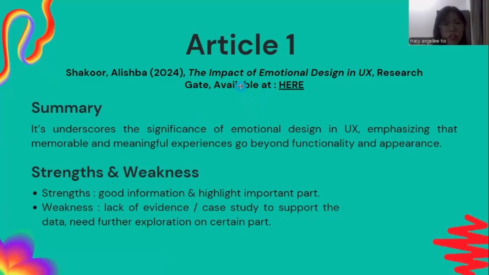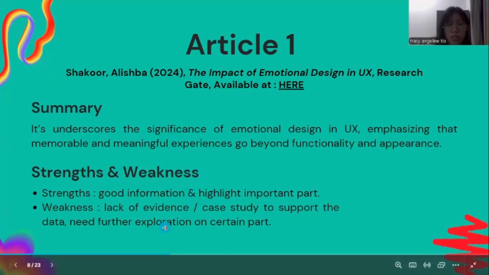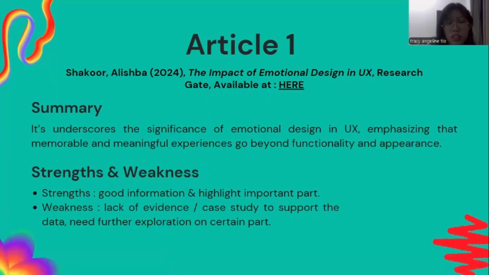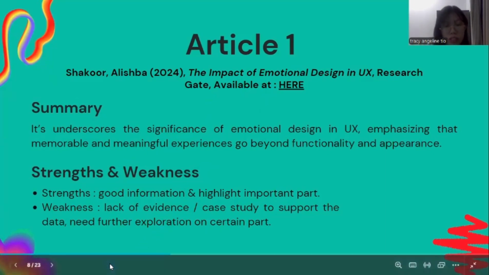The article underscores the significance of emotional design in UX, emphasizing that memorable and meaningful experiences go beyond functionality and appearance. This article has strengths and weaknesses. The strength is that the article provides good information and highlights important parts, while the weakness is that the article lacks evidence or case studies to support the data, and it also needs further exploration on certain parts.